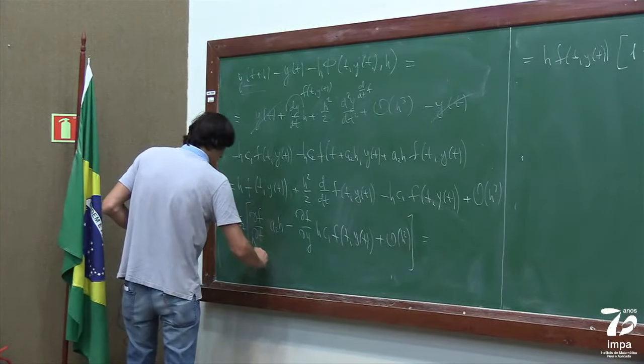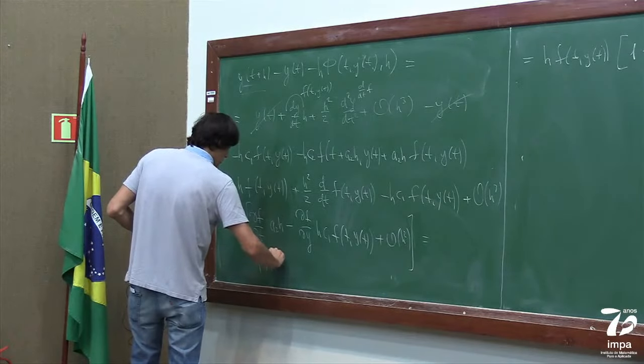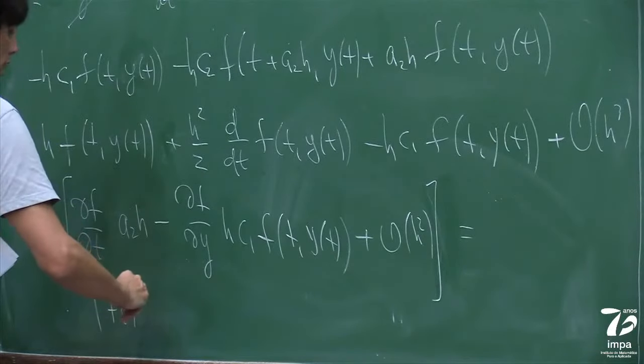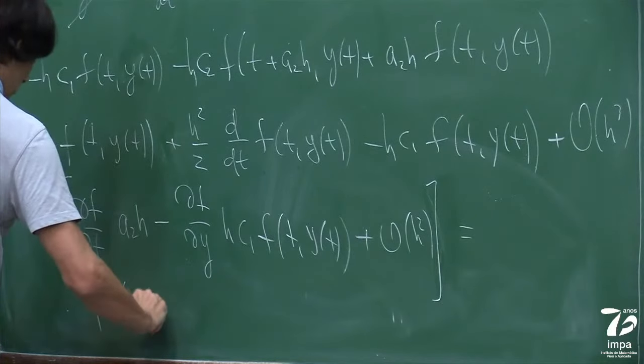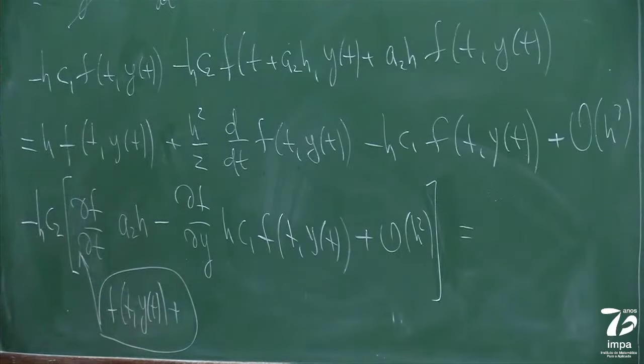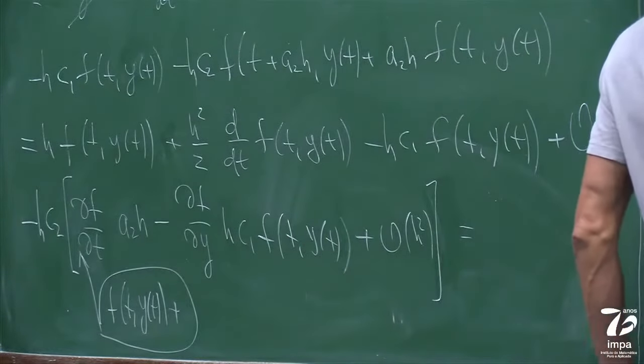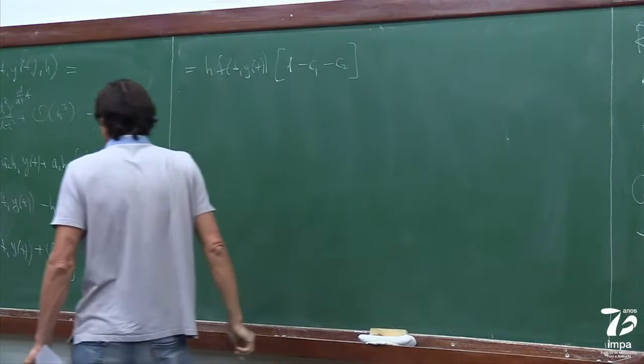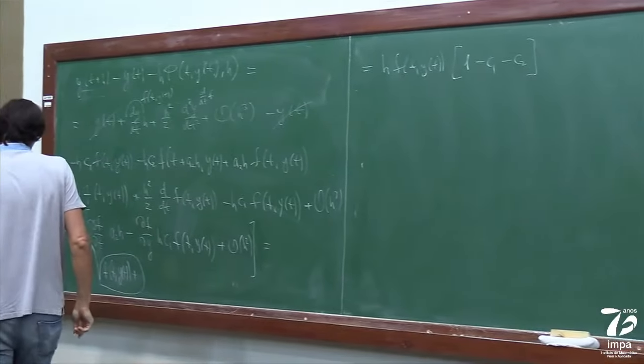We expanded, so there is f still. So it's minus C2. Then there will be df/dt.